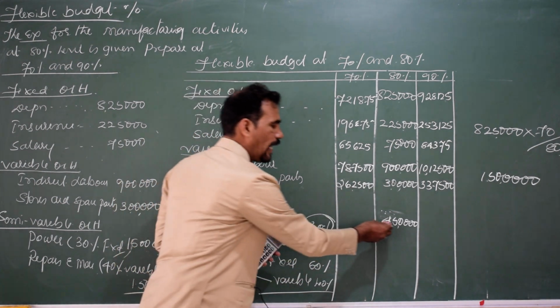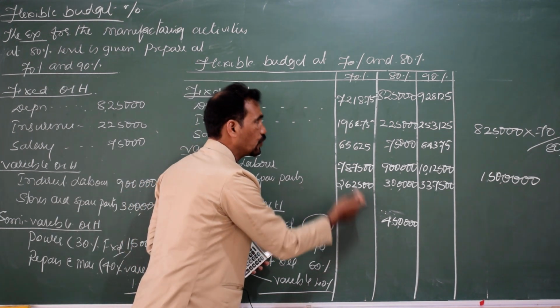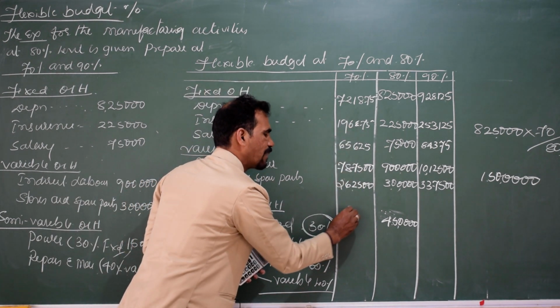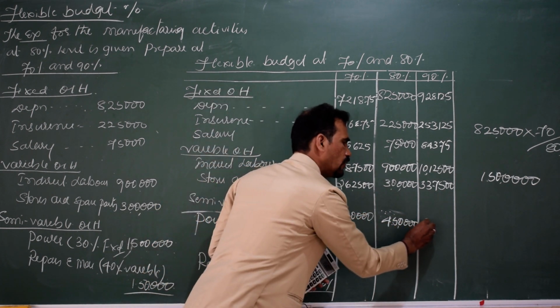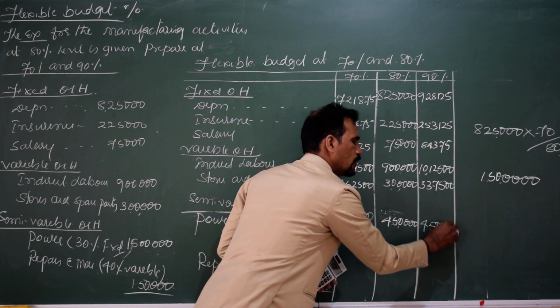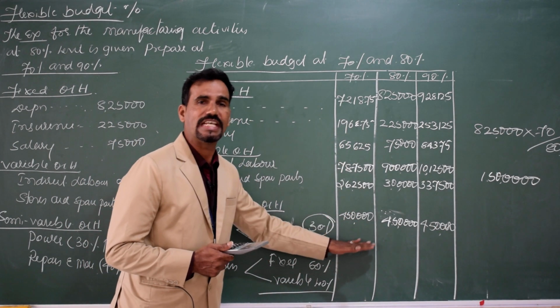So, 4,50,000 for the base level, and the same amount for 70% capacity, 4,50,000, and for 90% capacity also 4,50,000. So, fixed cost will be the same for all levels.